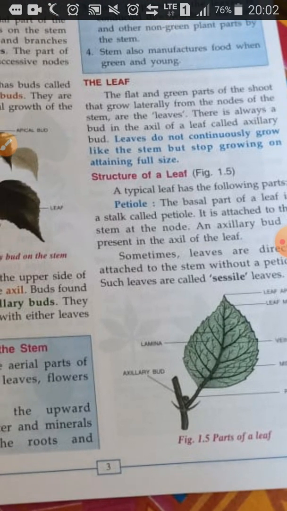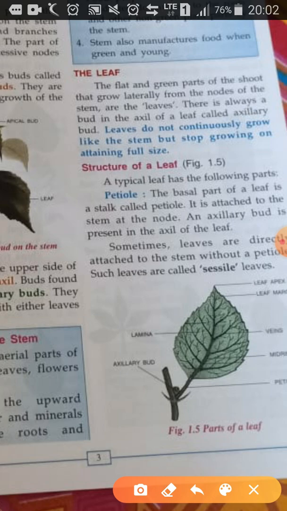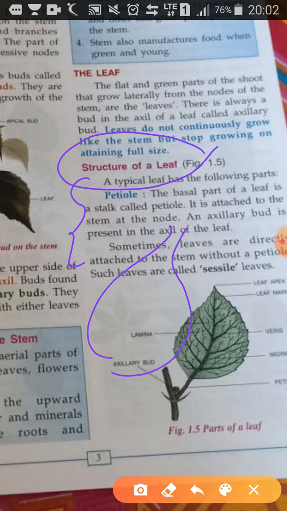Now this one is about petiole. So now we will study the structure of a leaf. This is how a leaf looks. Now we will break down this leaf into small portions and understand each and every part.